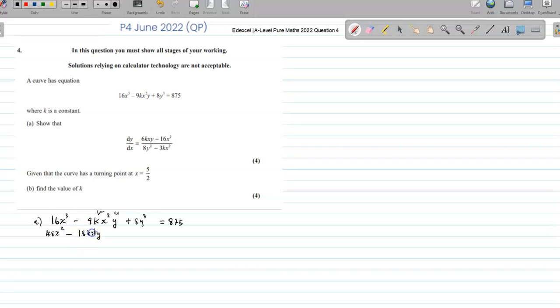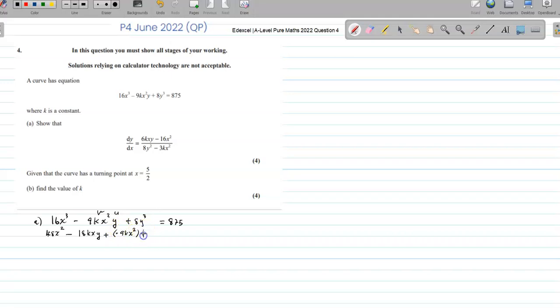18kx. So we have 18kxy plus v, the v term there is going to be minus 9kx squared. And then we differentiate the u term, which is y, with respect to x.